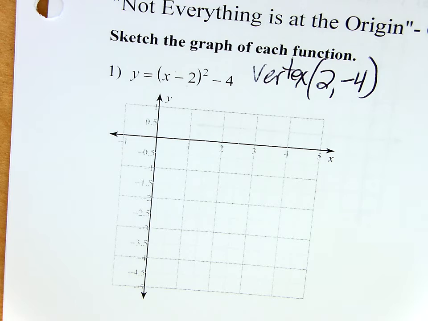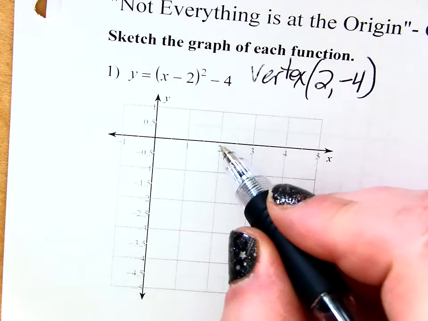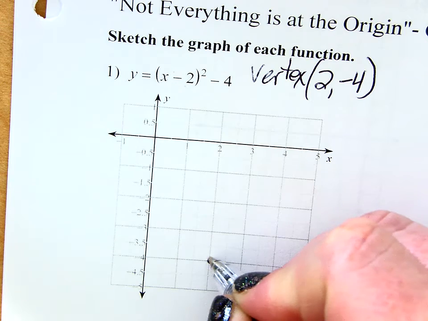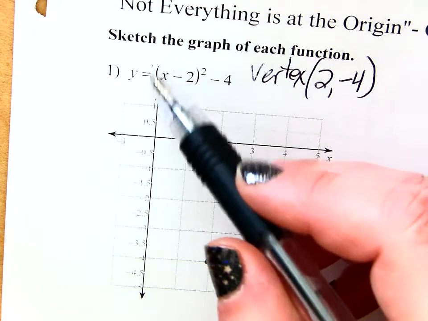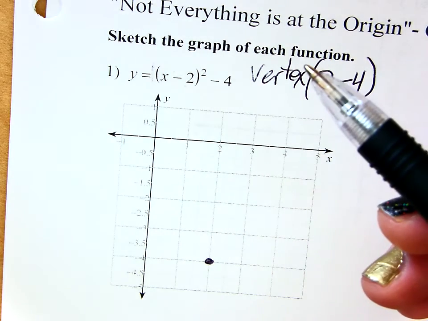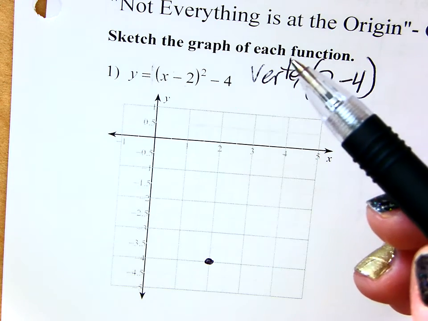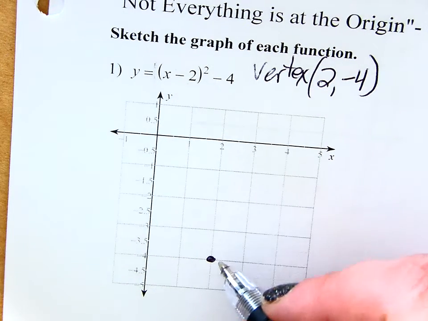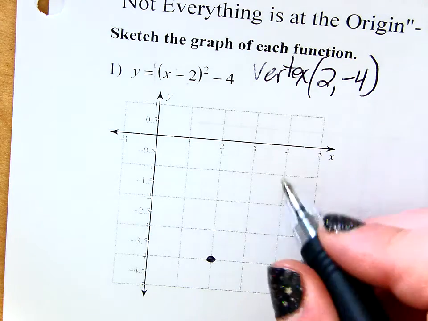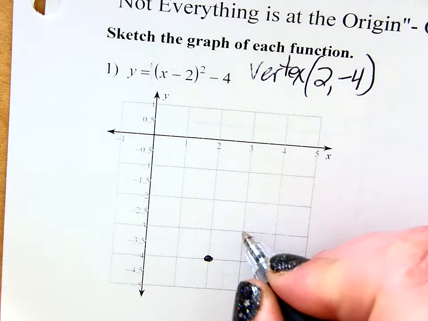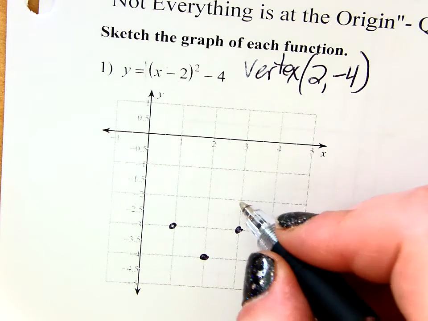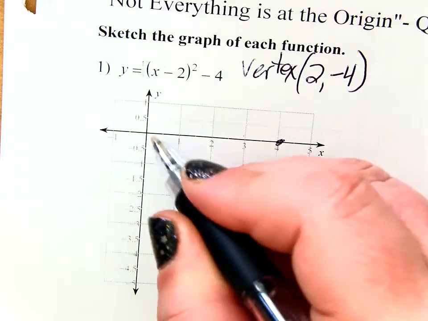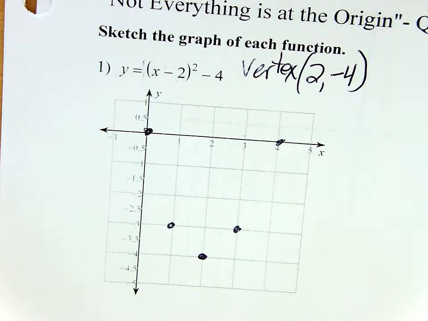Is that okay? Are you remembering this? So I start at 2, -4. And then do you remember how to graph after this? You're basically going to look at whatever A is. In this case, A is 1. So, do you remember the pattern when A is 1? Where do you go? Up 1 over 1 on both sides, and then I go up 3 over 1.